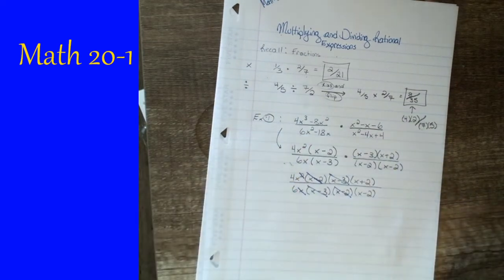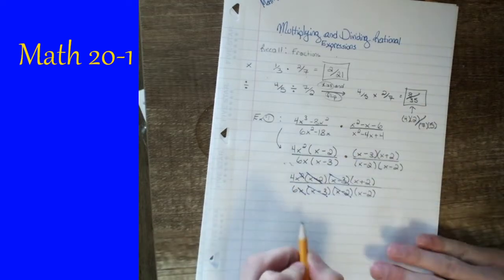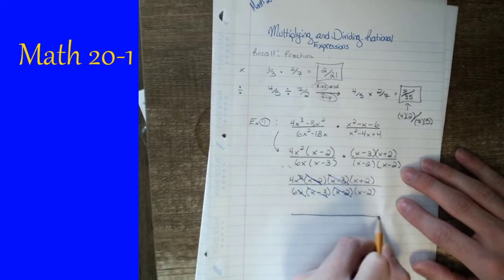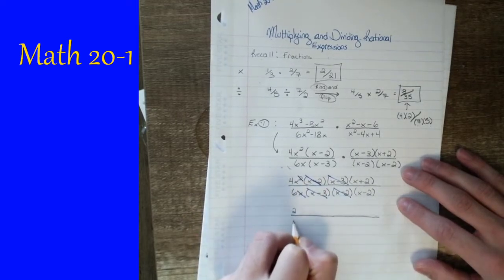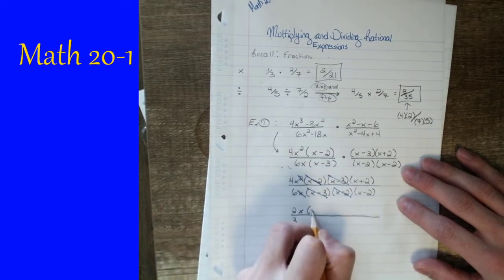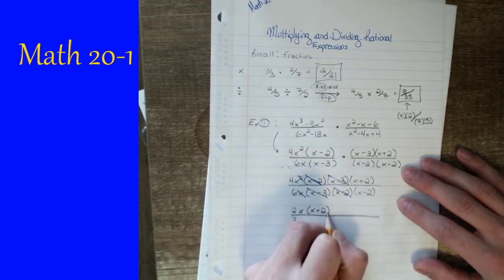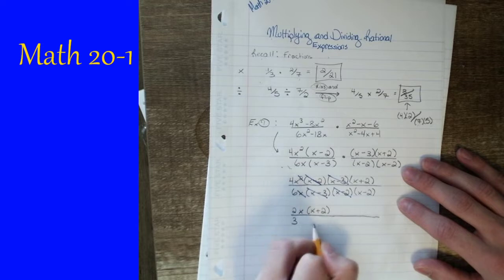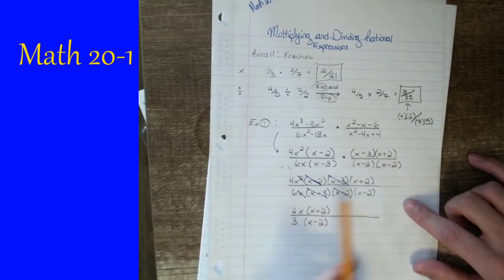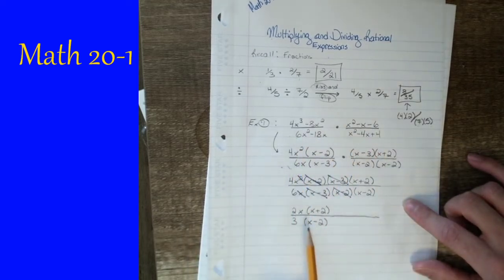So our fully simplified rational expression looks like 2 over 3 x on the top multiplied by x plus 2, and then on the bottom is a multiplication of x minus 2. And so all of this simplified like so.